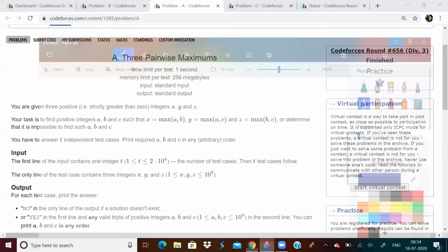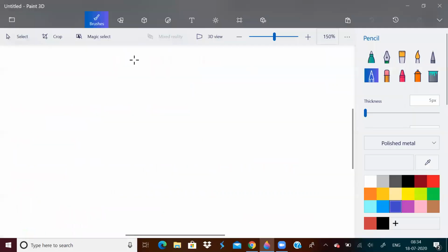So let us take some examples and try to understand. Let us say X is 3, Y is 3, and Z is 5. Notice Y and Z are not equal over here. Let us see what happens when Y and Z are not equal.